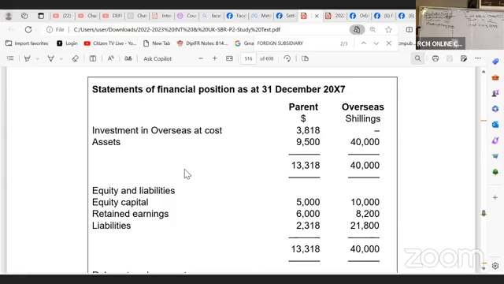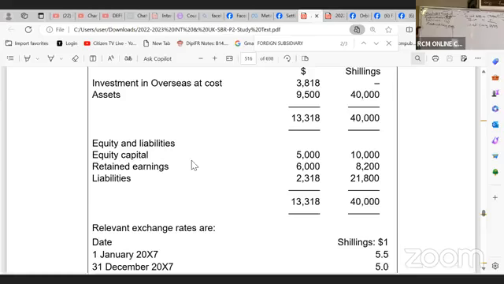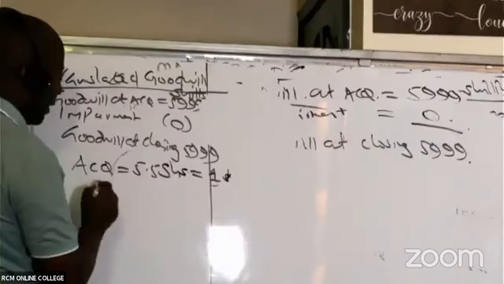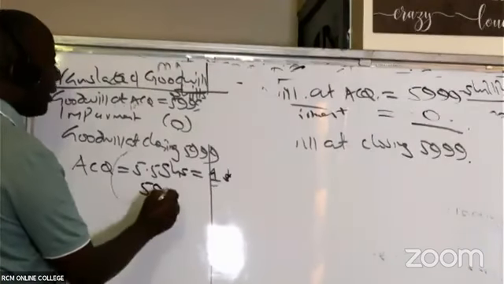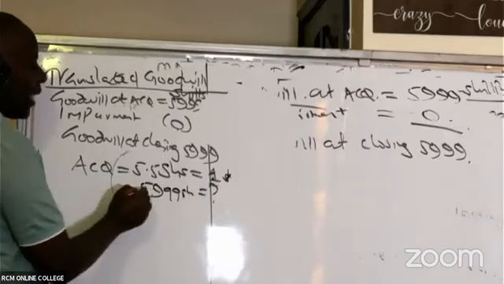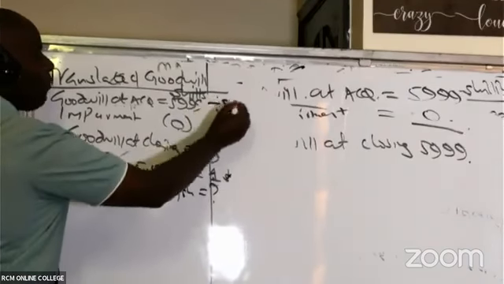According to Nancy, the acquisition rate is 5.5 shillings to the dollar, so 5.5 shillings to $1 equals $1. So the question is, how about these Kenya shillings, this 59,999 shillings? It will be this times 1 divided by 5.5, so I'm dividing by 5.5.